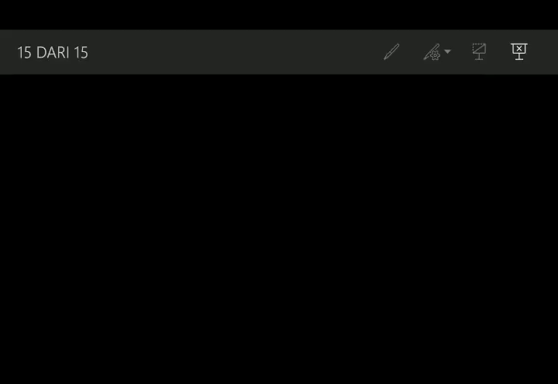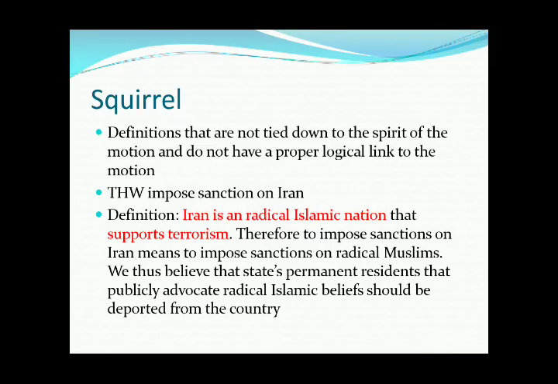In preparation, the point is that first you have to pay attention to making clear the issues brought by the motion.